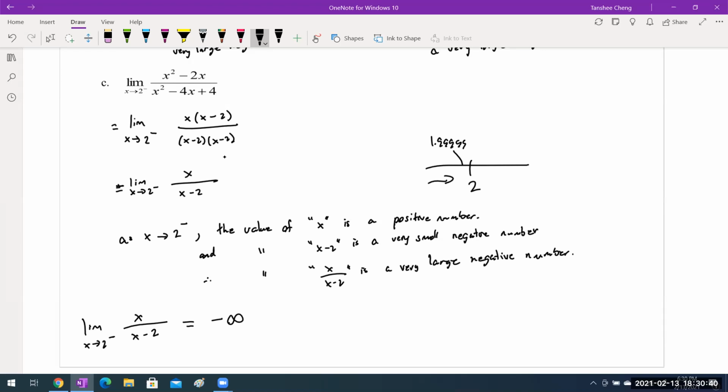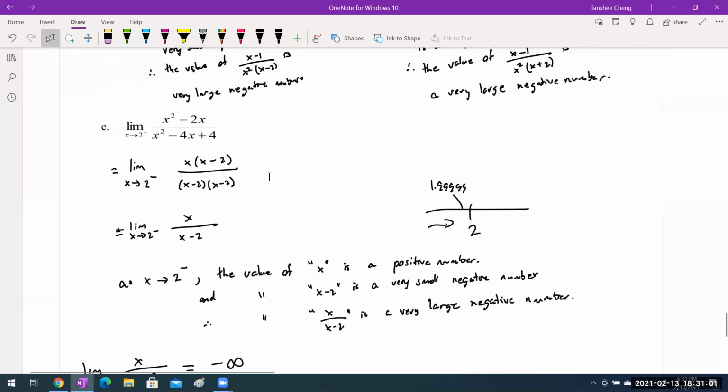What we learn here is that the limit of the original function is the same as the limit of the simplified function. And this concludes section 1.5, and make sure you understand the limits.